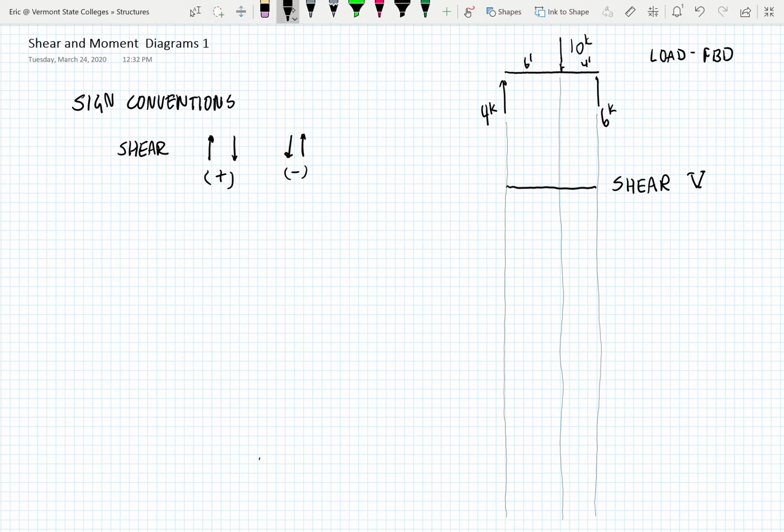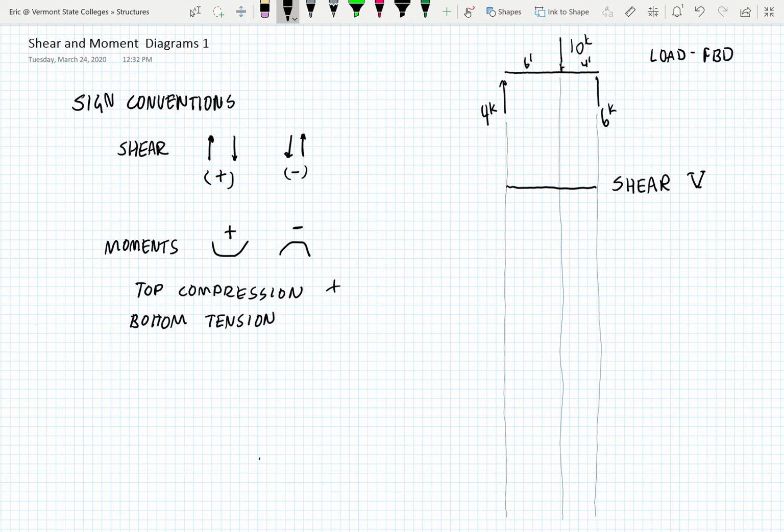For moments, bending that cups up is positive, bending that cups down is negative. Another way to put it is if you have the top in compression, it's positive, or the bottom in tension, that too is positive.